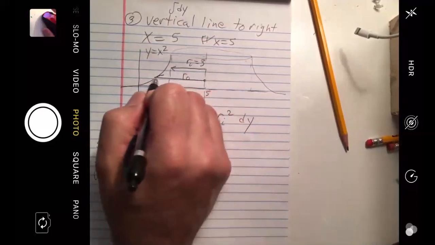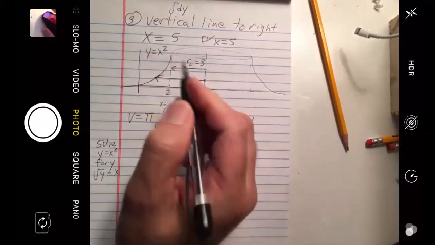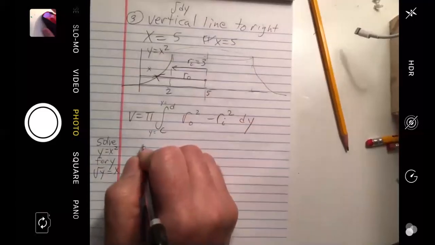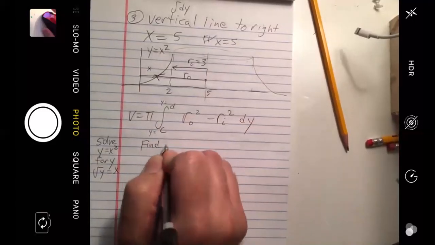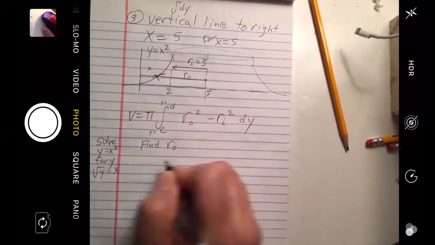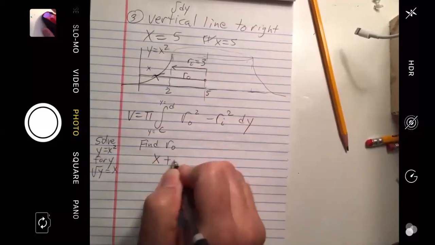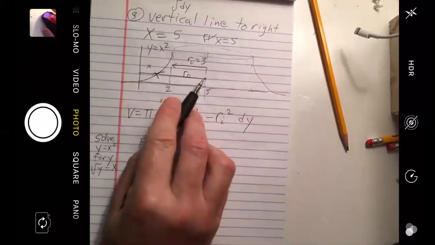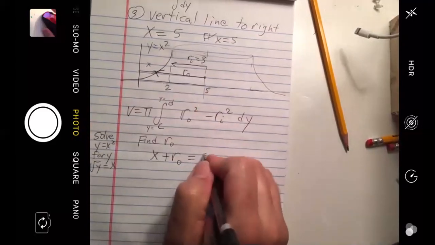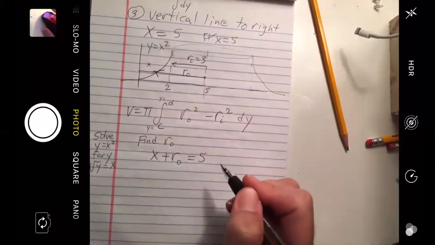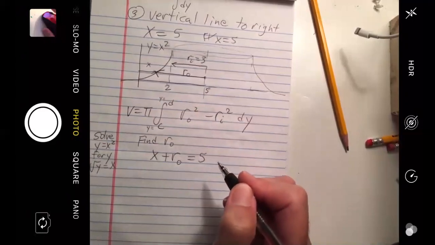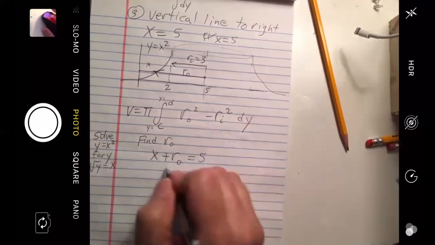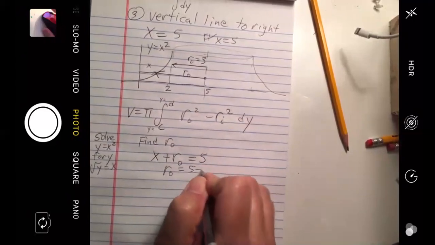The outer one is varying. Remember, forward it's called x. So to find r outer, you have x plus that r outer. This x plus that r outer has to total 5. R outer then is 5 minus x.